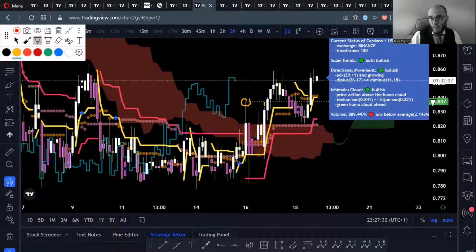You could have placed an entry at 0.837, and you would have put your stop loss first below the Kijun, which was here at that level. And now it did get up to this level.